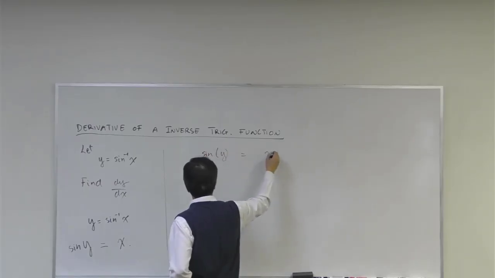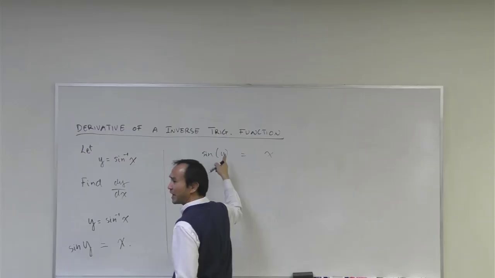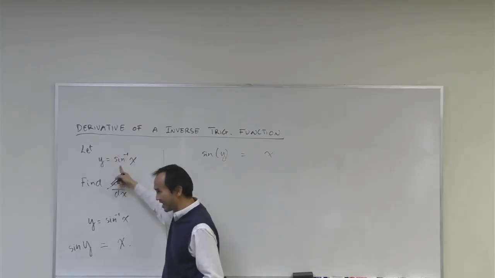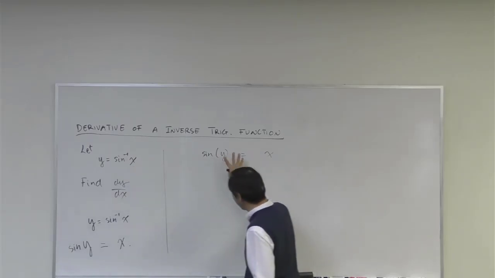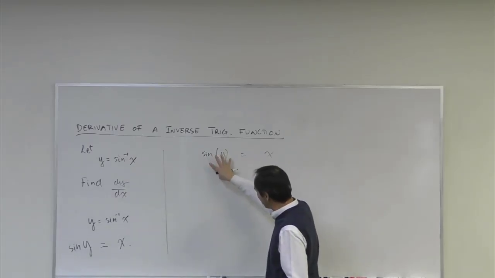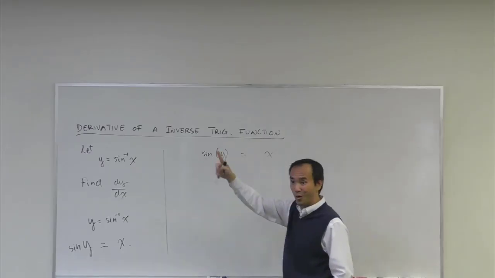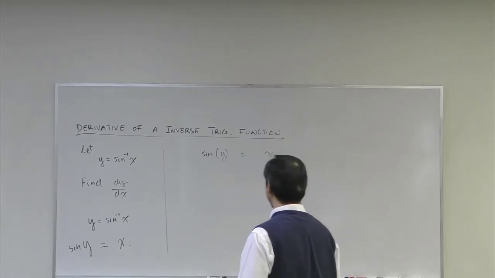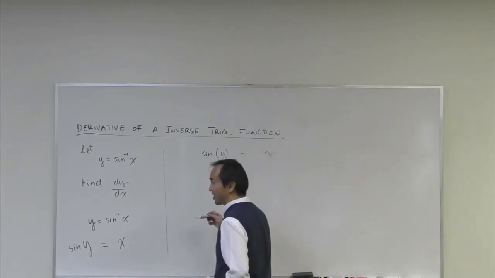And I'm seeing this y now as some implicit function of x. We already knew that y is the inverse sine function of x, but I have purposely rewritten that into this form so that I'm seeing x and y as two variables, and y is an implicit function of x. So from that, I'm going to use the implicit differentiation idea again.